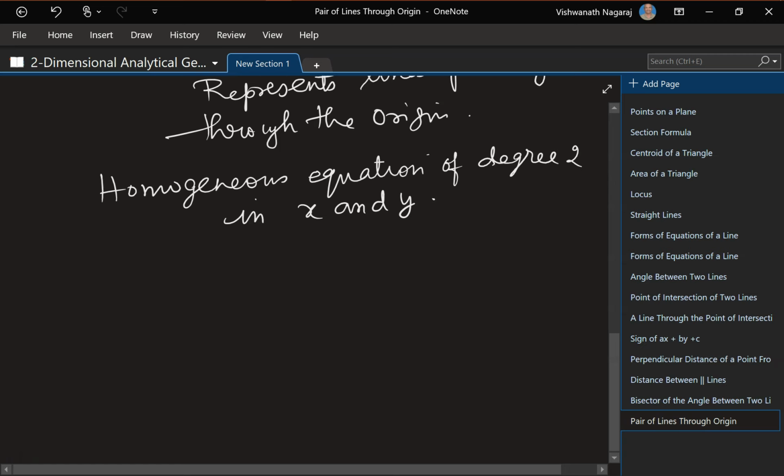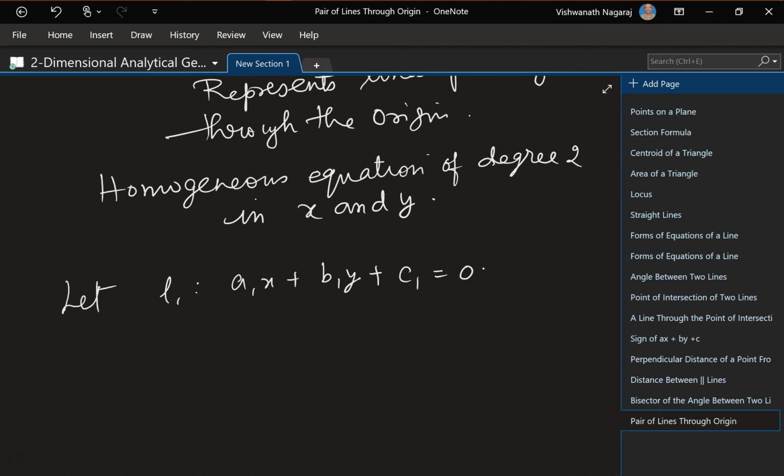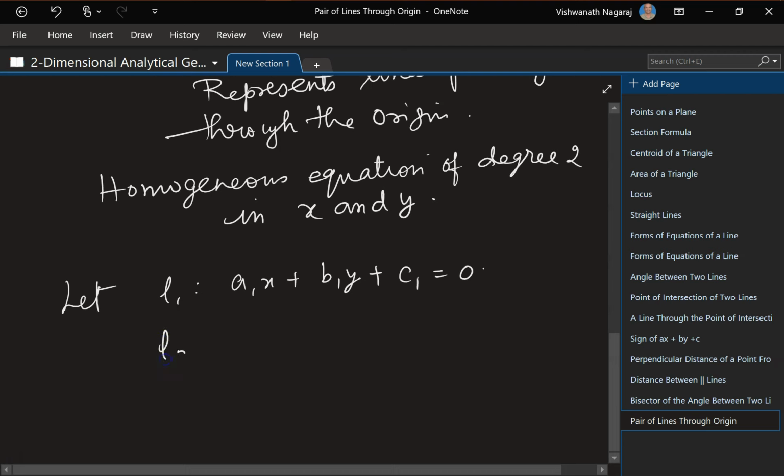Now let's take it a bit further. So let L1 be a1x plus b1y plus c1 equal to 0. That means now it has a y-intercept. That means it need not necessarily pass through the origin.